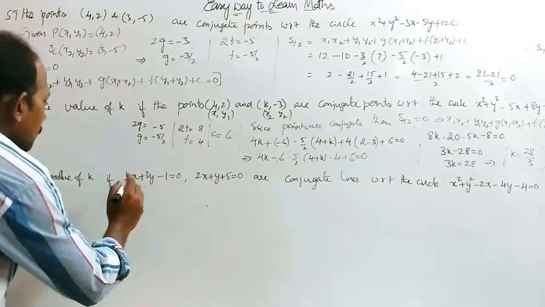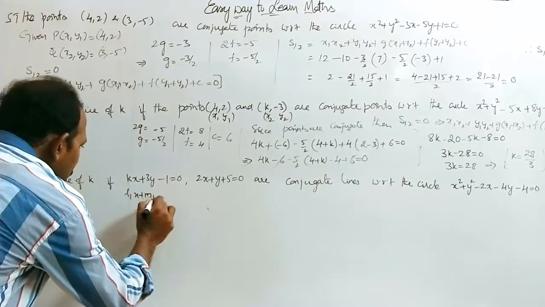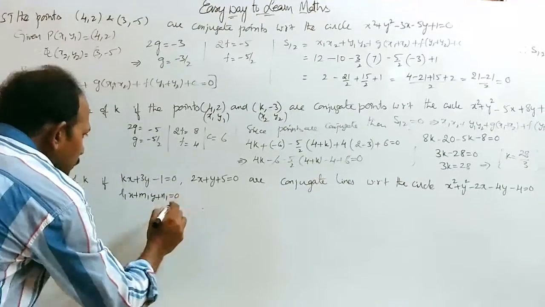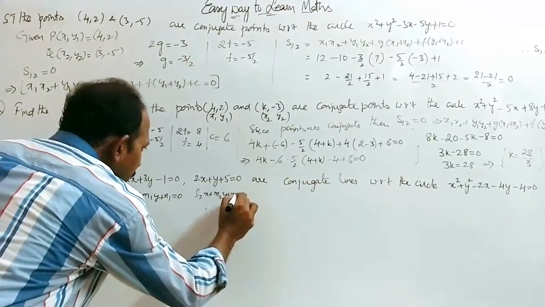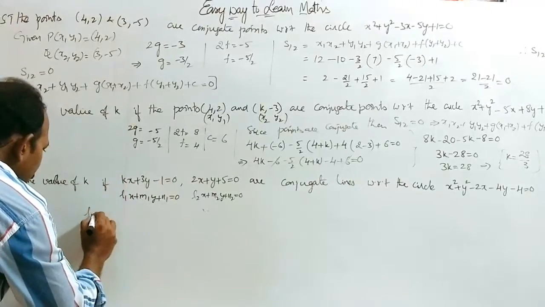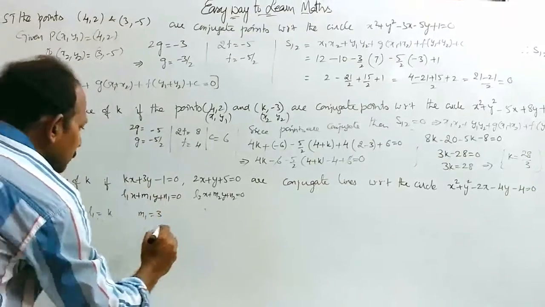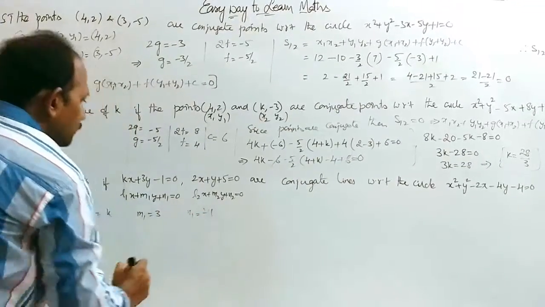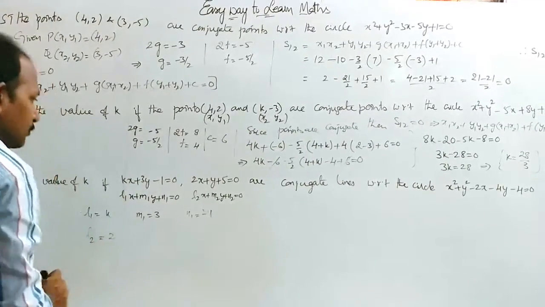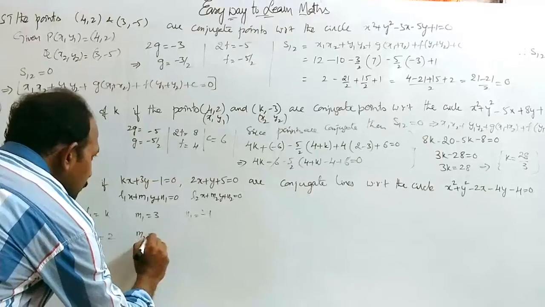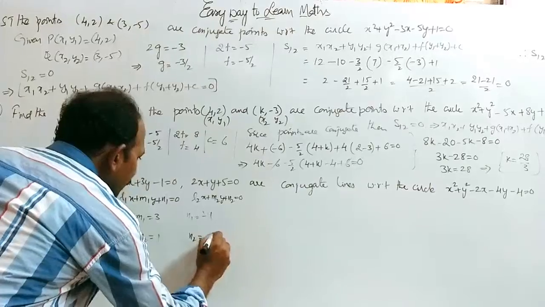Then comparing these two lines with L1x plus M1y plus N1 equal to 0 and L2x plus M2y plus N2 equal to 0, L1 equal to k, M1 equal to 3, N1 equal to minus 1, and L2 is equal to 2, M2 is equal to 1, N2 is equal to 5.